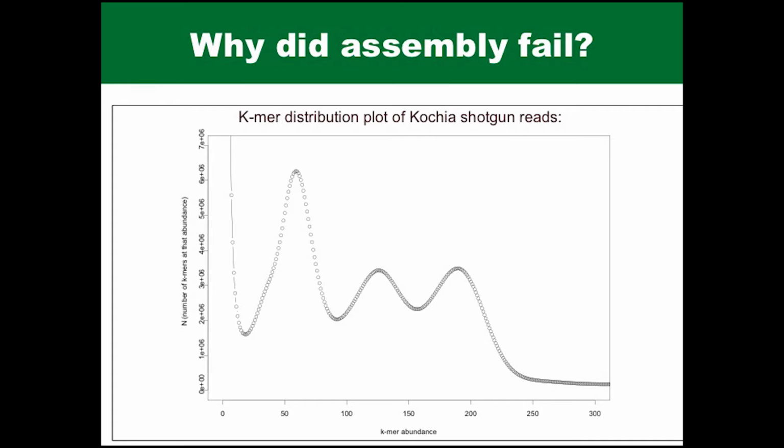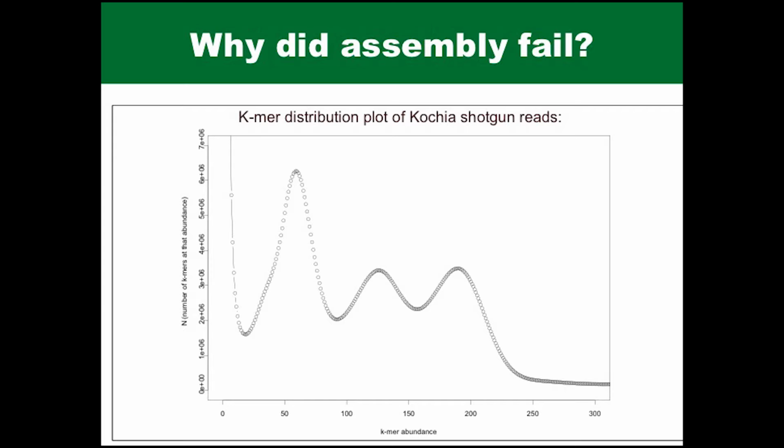Typically, in a well-behaved genome, which kochia is not, you would see that k-mers show up a certain number of times, and you get a peak and it drops off. But here we've got a second peak, so there are k-mers that show up about 150 times or so, at a higher abundance, and so there's some kind of enrichment there.